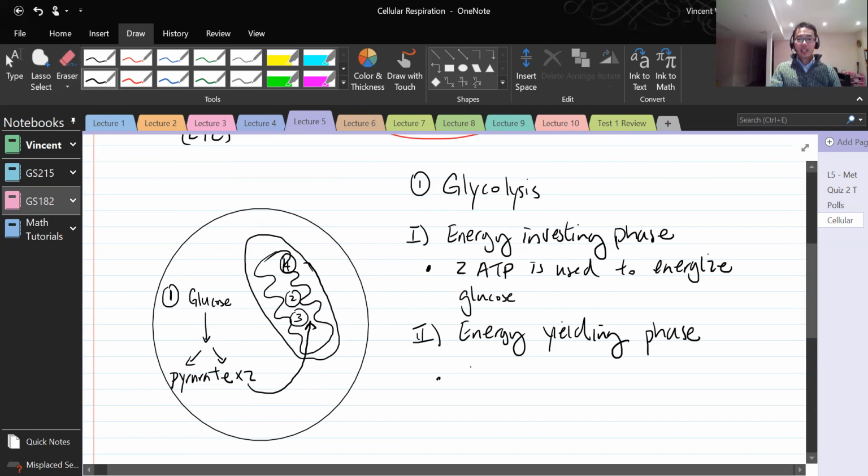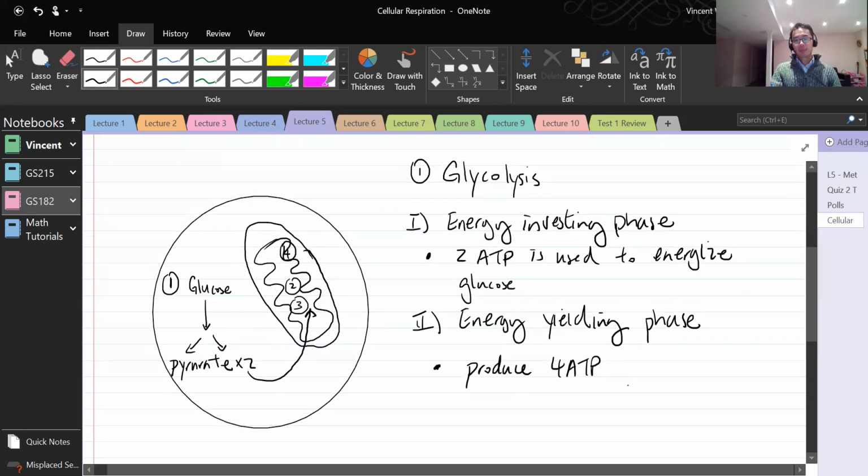And then in the energy yielding phase, in the last 5 steps or so, you will be able to produce 4 ATPs. So in glycolysis, you invested 2, but you produce 4. So overall, you're going to be able to get 2 ATPs from this ordeal.